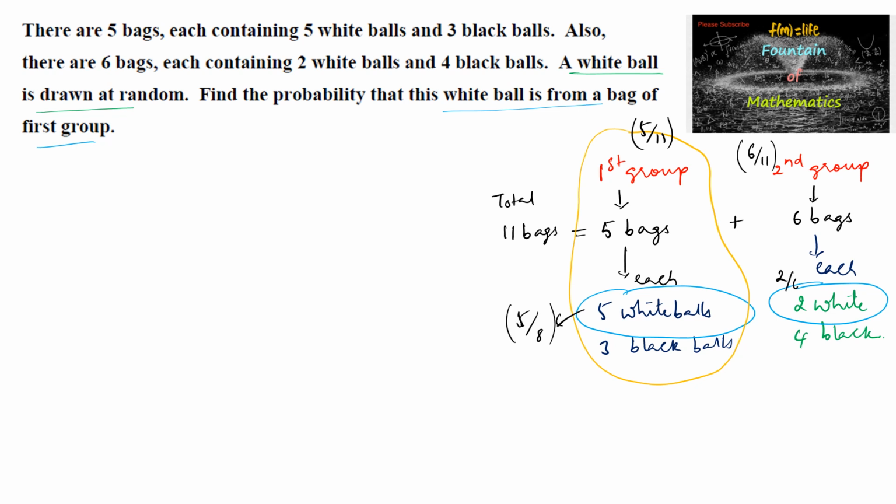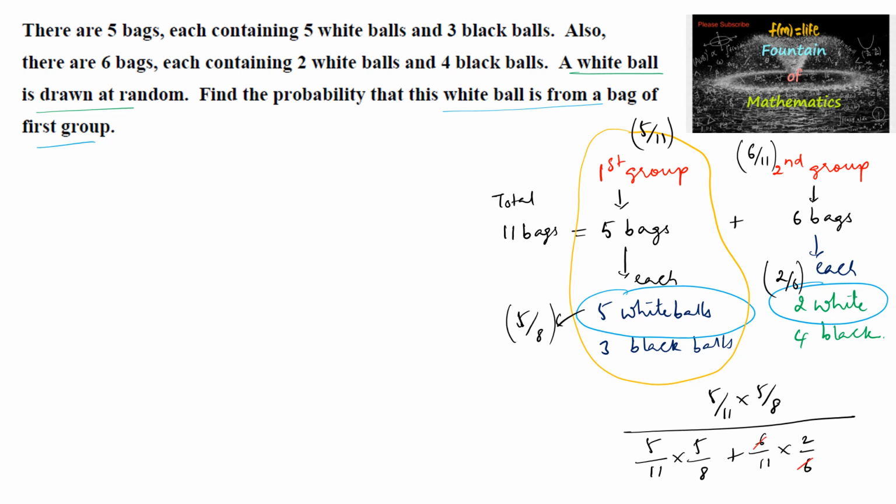So we can say, according to the Bayes theorem, we have 5 by 11 into 5 by 8 is the required one, upon the total probabilities 5 by 11 into 5 by 8 plus 6 by 11 into 2 by 6. So here 6 and 6 get cancelled.